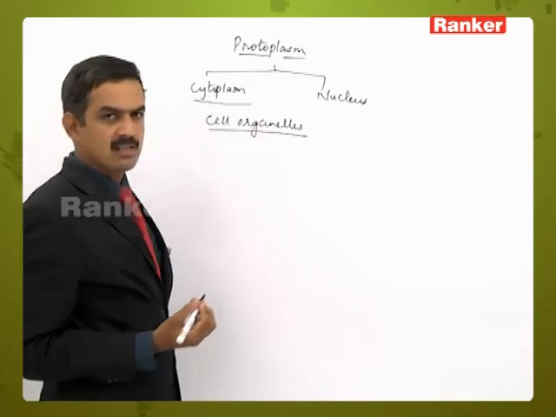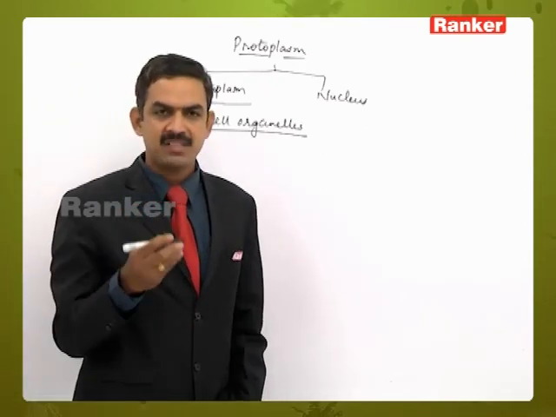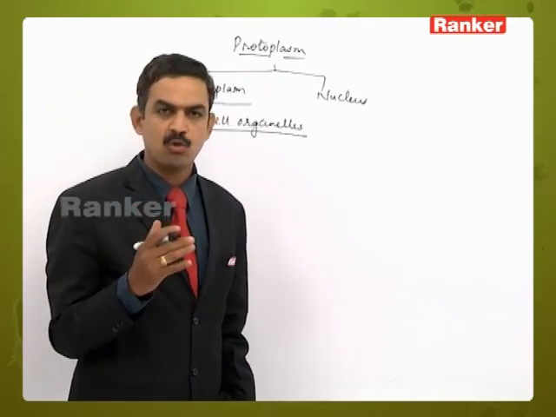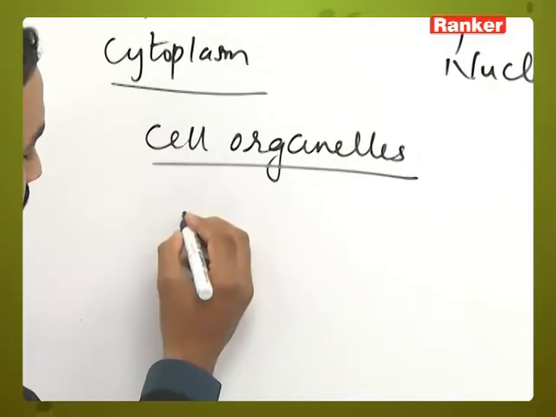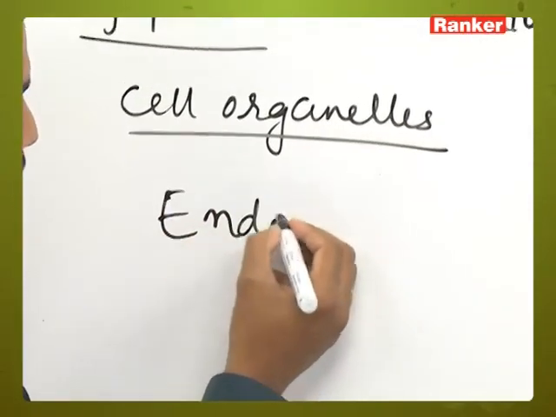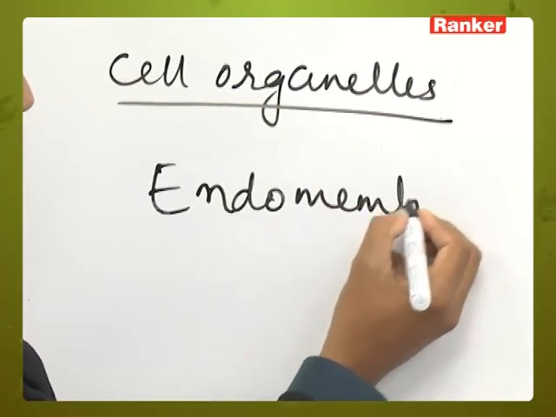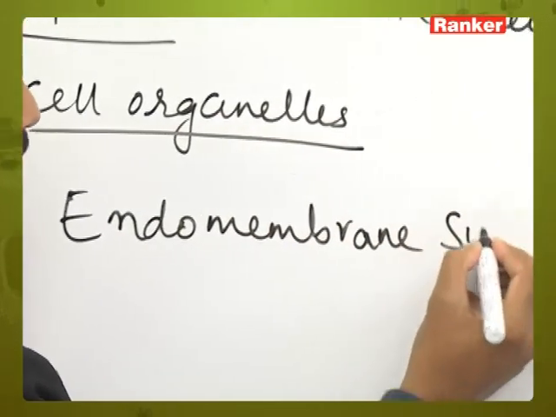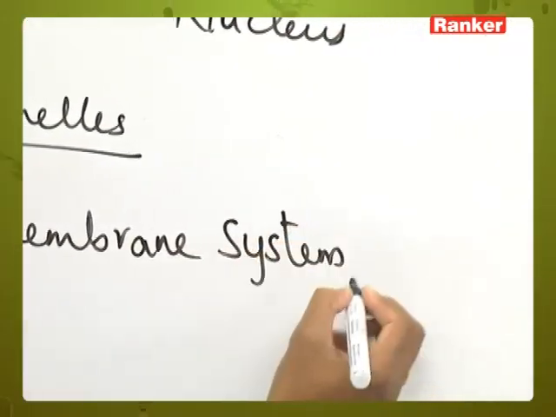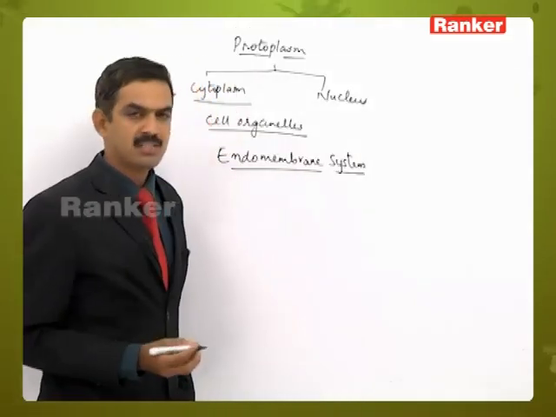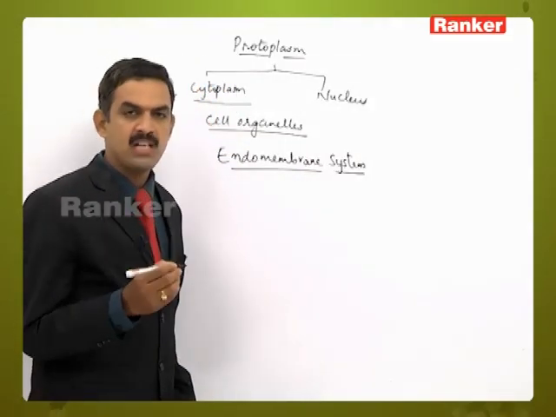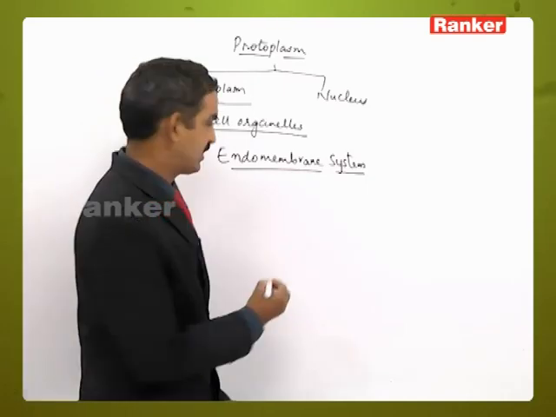In the cell organelles, some have functions that are in coordination with each other. Such structures are called the endomembrane system. There are some cell organelles which closely coordinate their functions.